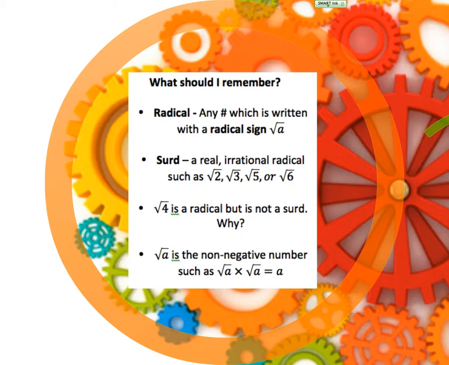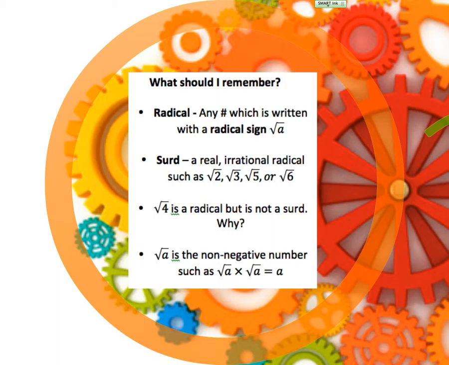These are just some of the things that you guys should remember from your previous education in mathematics. A radical is any number which is written with a radical sign. So in this case, I've got the square root of 8. And then a word that you might not have heard of before, but you've definitely worked with, is called a surd.